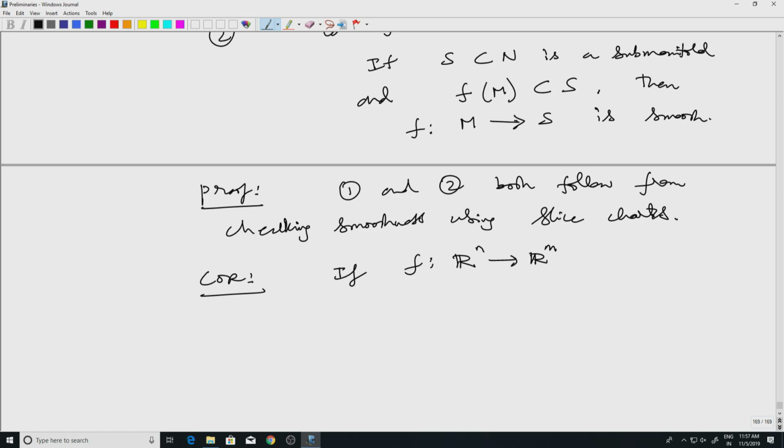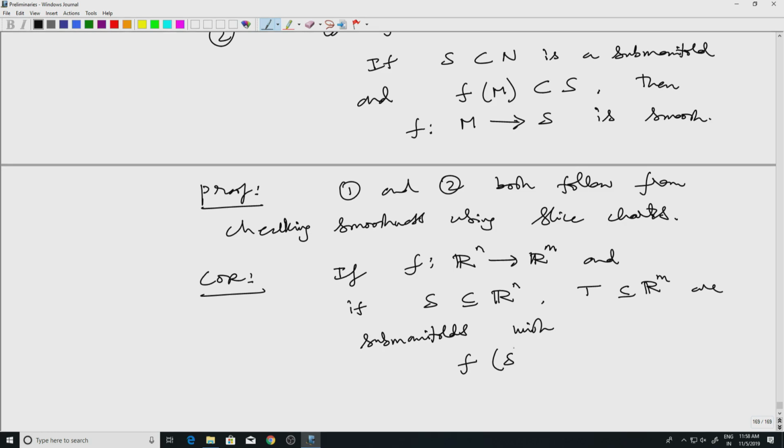And if S contained in Rn and T contained in Rm are submanifolds, with f of S going into T, then I can regard f as a map from S to T, and this map is smooth.